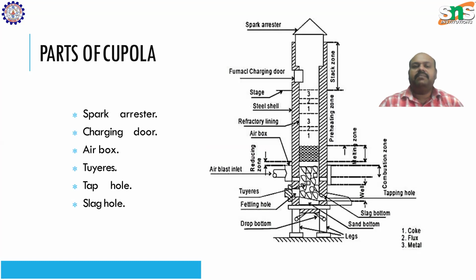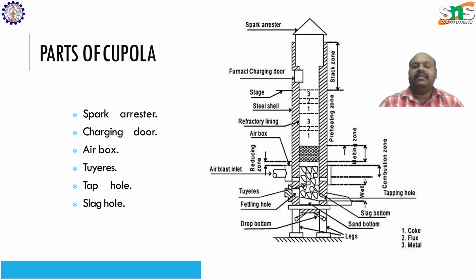We have a spark arrestor at the top, and we have a charging door here. We have a stack zone here, and we have a steel shell on both sides, refractory lining, and there is an air box. We have different types of zones that we will discuss in the next slides.